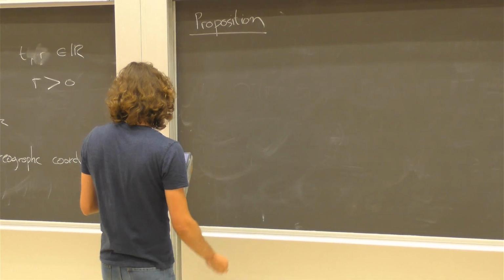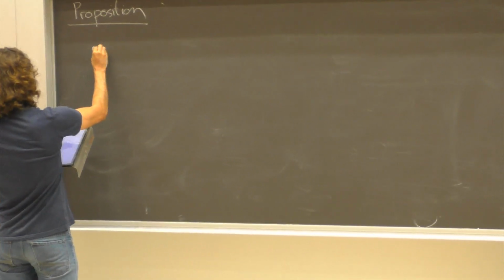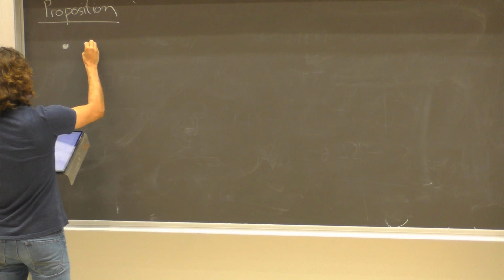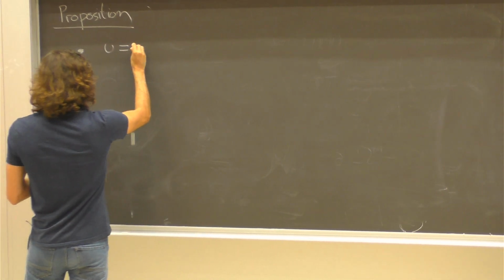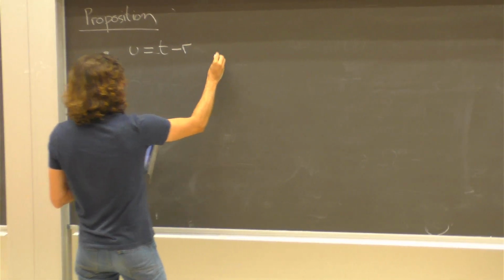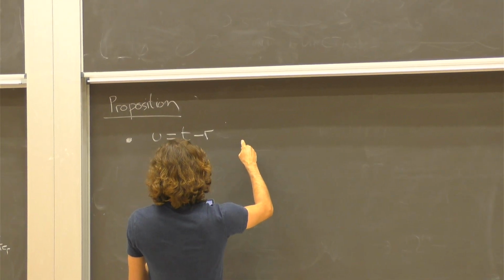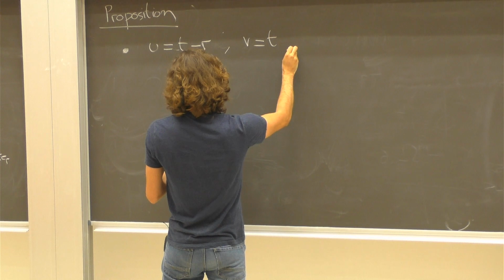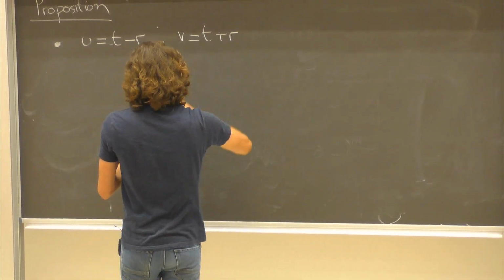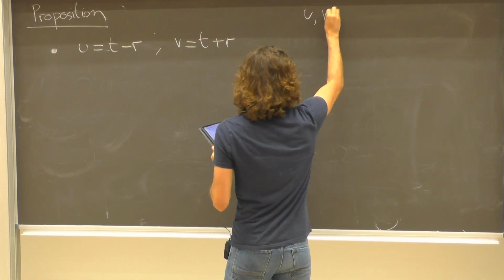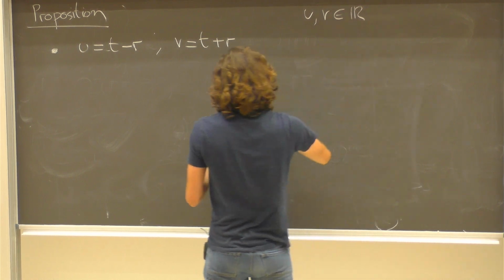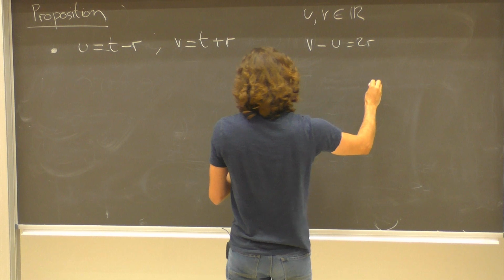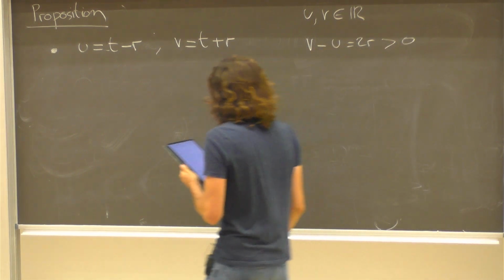So we change coordinates. The first step is to go to advanced and retarded time. We pose u is t minus r, retarded time, and v equal t plus r, which means that u and v belong to R, but the difference, v minus u, which is 2 times the radius, must be positive.